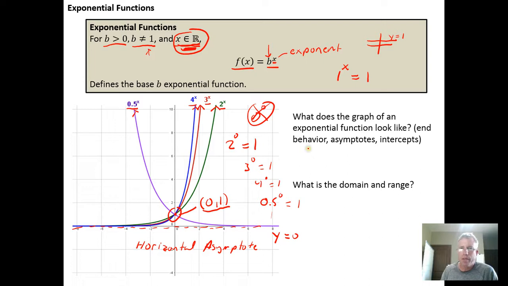So the domain of an exponential toolbox function is any real number you want, so negative infinity to infinity. We see that we have a horizontal asymptote at y equals 0, so the function never gets to 0. So y is going to be an element of, hey, I never get to 0, and I go to infinity.